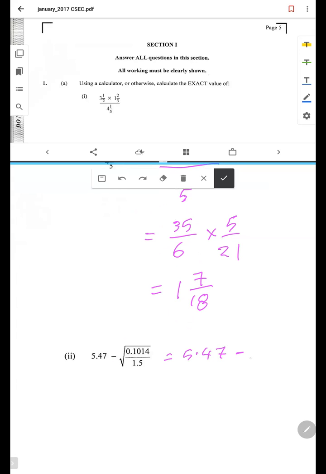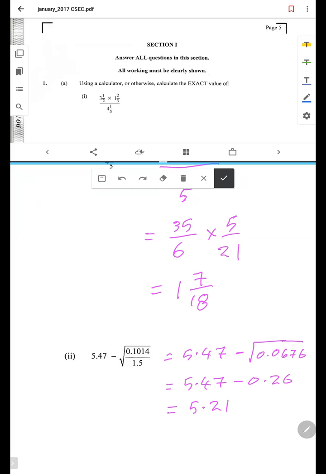It works out to the square root of 0.0676 initially, and then it becomes 5.47 minus 0.26. Work that out, and it then becomes 5.21.